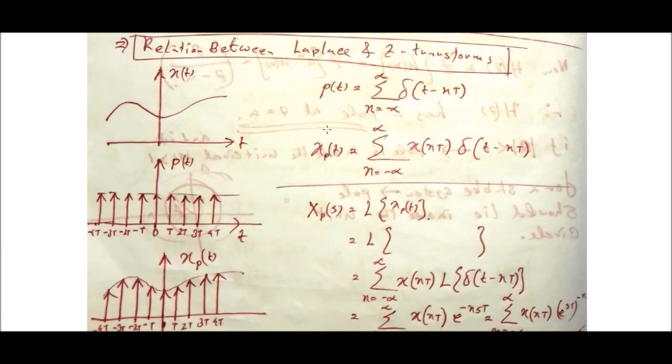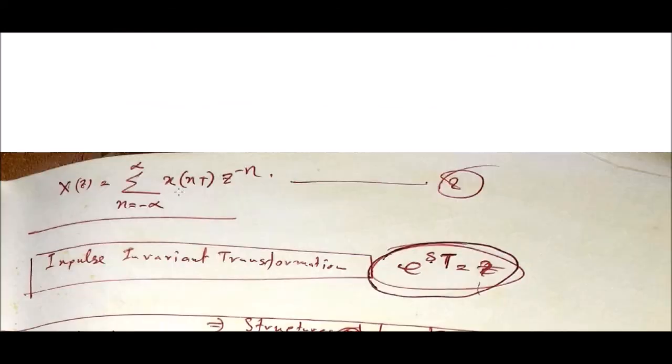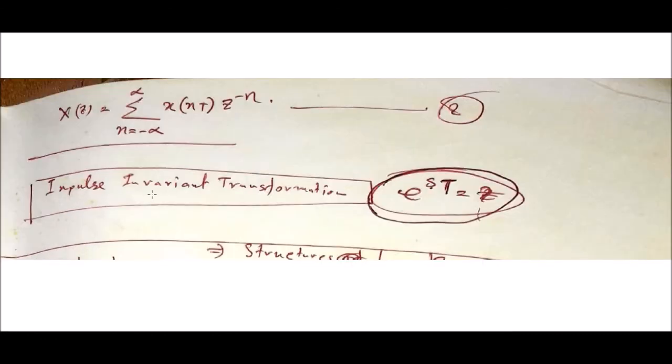Actually you know that the sampled version of any continuous time signal is nothing but x(n). That means this is nothing but x(n), and if you do the Z transformation of this signal, you will obtain this one. It is nothing but the same thing. If you compare, then you can find the impulse invariant transformation, this one.